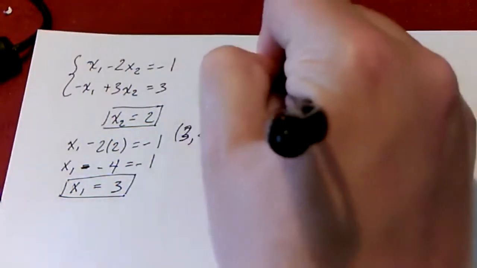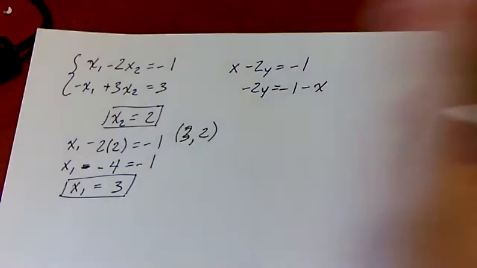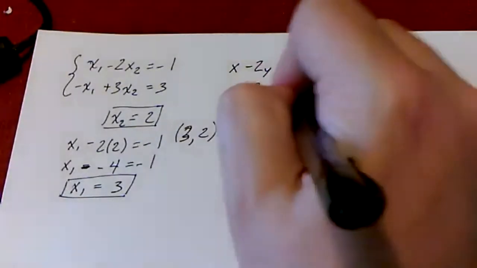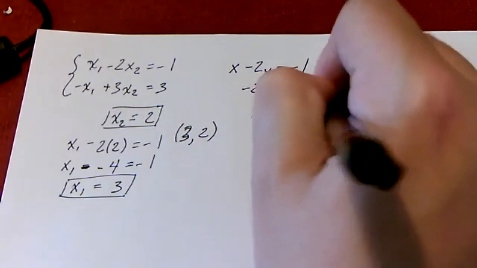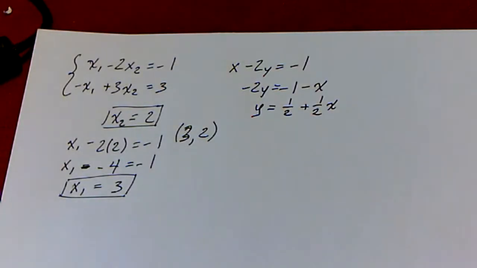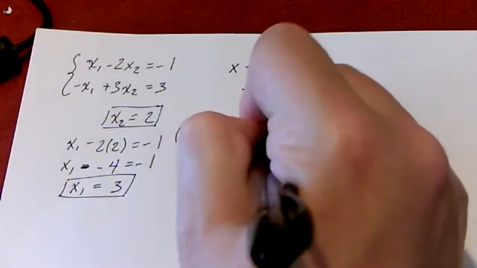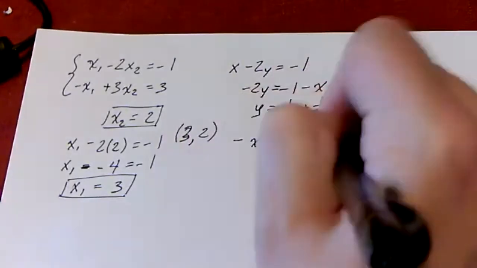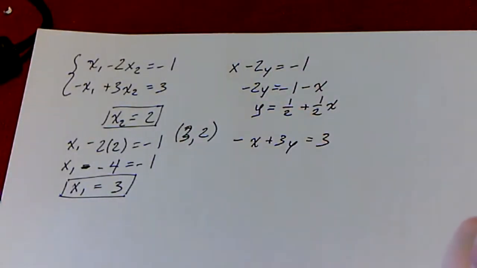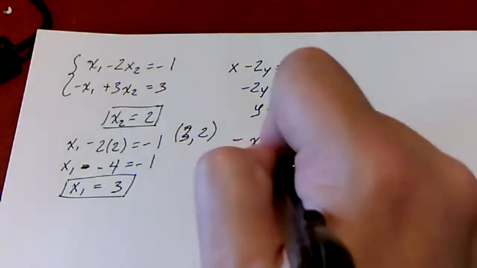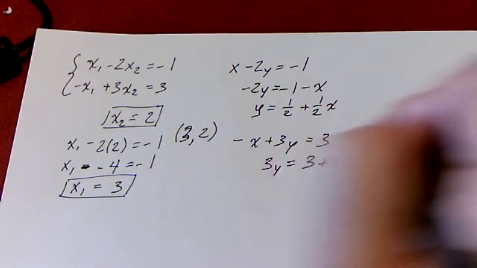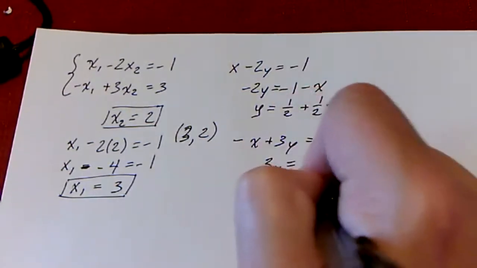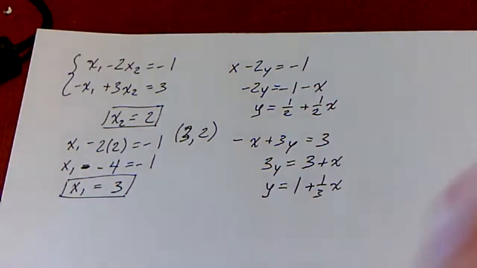So -2y is equal to -1 minus x, so y would be equal to 1/2 plus 1/2 x. And then I could do the same thing with the second equation: -x plus 3y is equal to 3. So 3y would be equal to 3 plus x, and then divide that by 3, so I would get 1 plus 1/3 x.